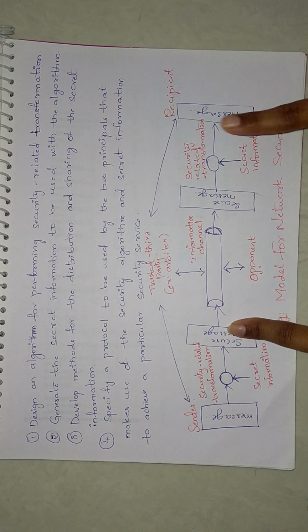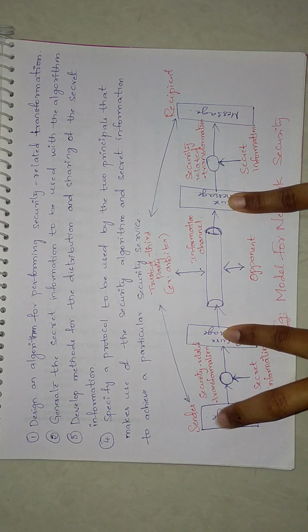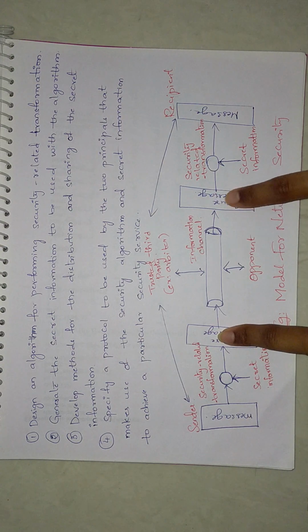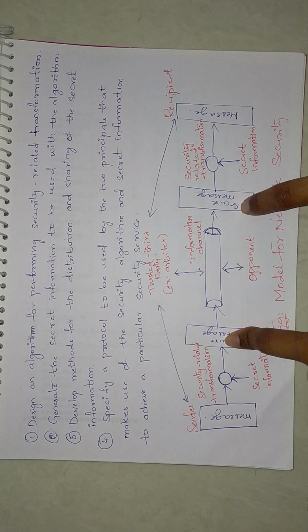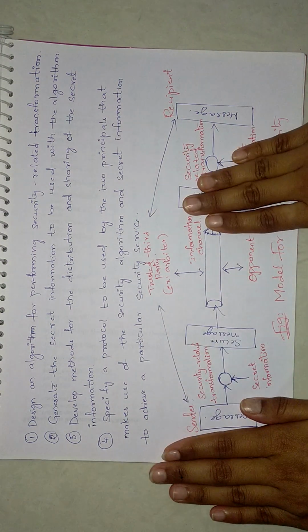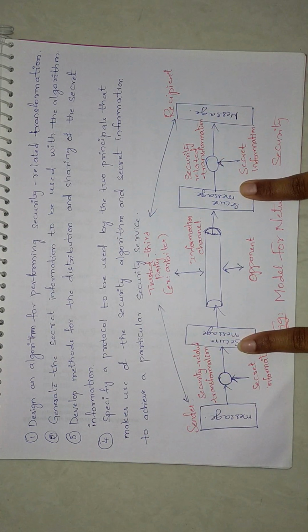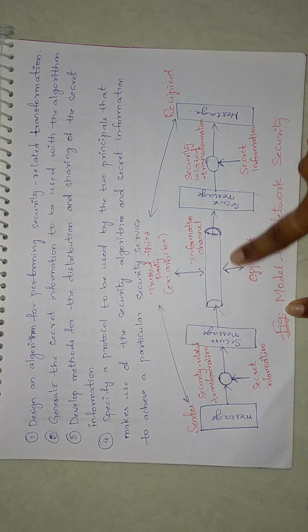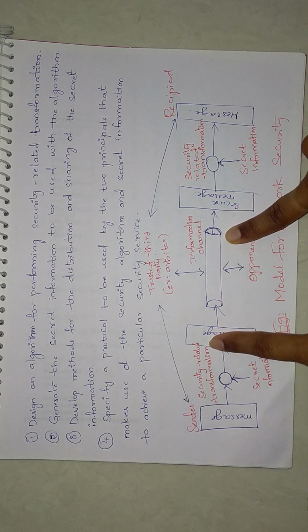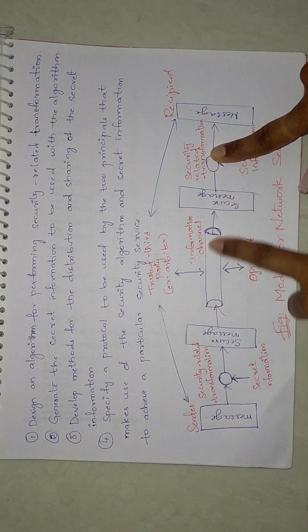And then secure message, and whatever the message here and whatever the message here will be the same. Okay, this is sender side and this is receiver side. So these two messages will be the same and these two messages will be the same. And we have discussed there will be one logical secure channel to transmit the data from sender to receiver. So this is that.